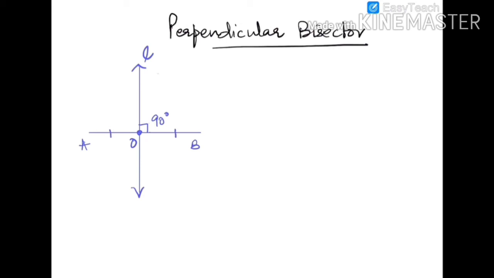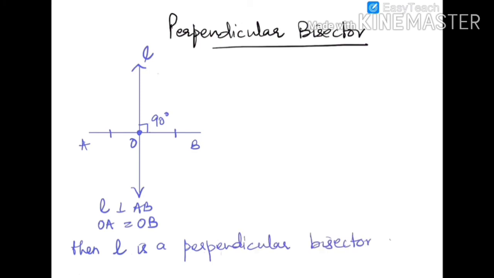That means AO is equal to OB. So if L is perpendicular to AB and OA equal to OB, then L is a perpendicular bisector of AB.